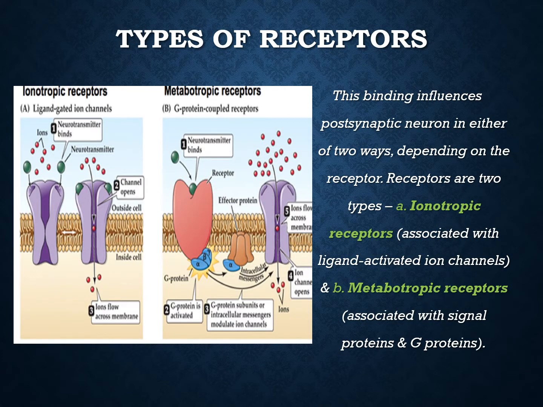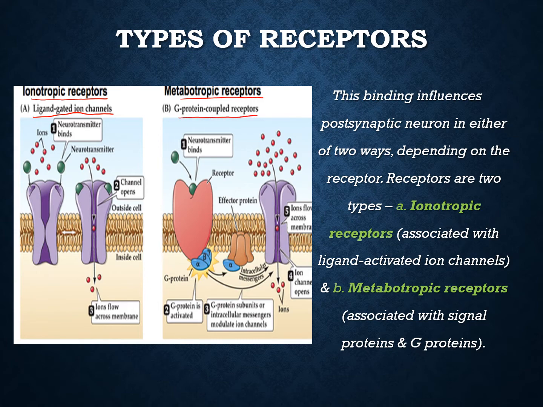Now the types of receptors. This binding influences the postsynaptic neuron in one of two ways, depending on the receptor. Receptors are of two types: ionotropic receptors and metabotropic receptors. This diagram shows the ionotropic receptors, also known as ligand-gated ion channels, and the metabotropic receptors, also known as G protein coupled receptors.